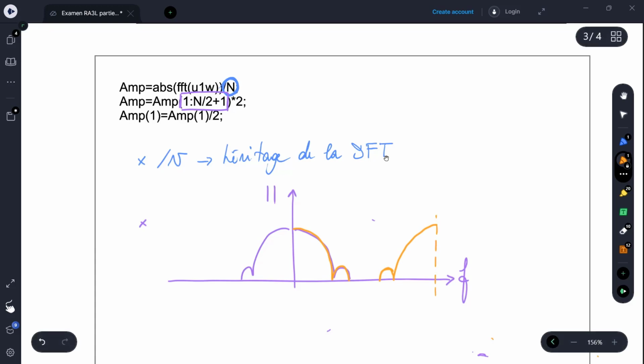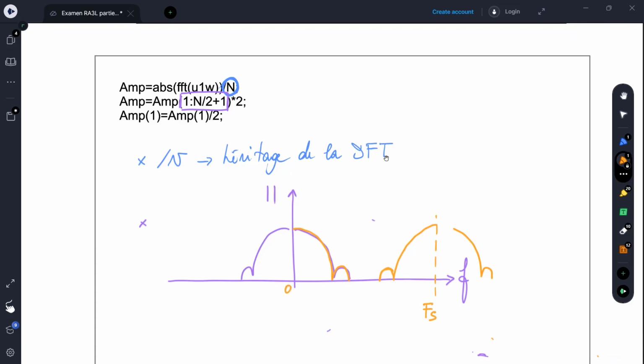En fait, vous savez que vous avez ici une première réplique spectrale et qu'il y a toute une série de répliques spectrales qui sont présentes. Elles sont présentes autour de la fréquence d'échantillonnage Fs multipliée par un entier, donc autour de Fs, 2Fs, 3Fs et moins Fs, moins 2Fs, moins 3Fs, etc. Et ces répliques spectrales sont dues au fait qu'on a travaillé avec un signal temporel qui a été discrétisé, qui n'est pas continu, ce qui fait apparaître ces fameuses répliques spectrales.